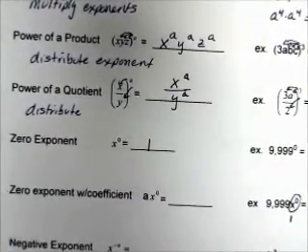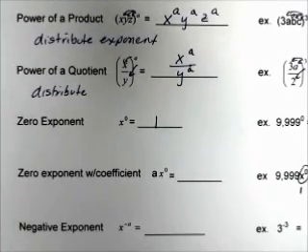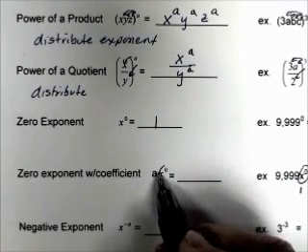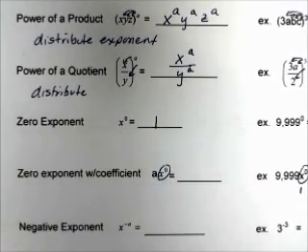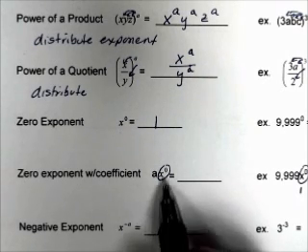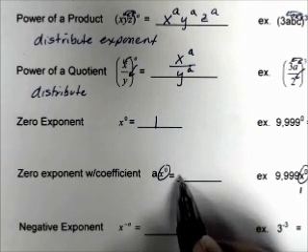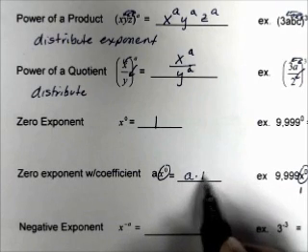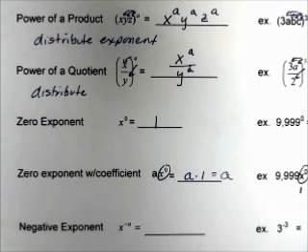So 0 exponent with a coefficient. The only thing with the exponent of 0 is the x. So x to the 0 is 1. So this is equal to a times 1, which is a. So that simply leaves us with the coefficient value.